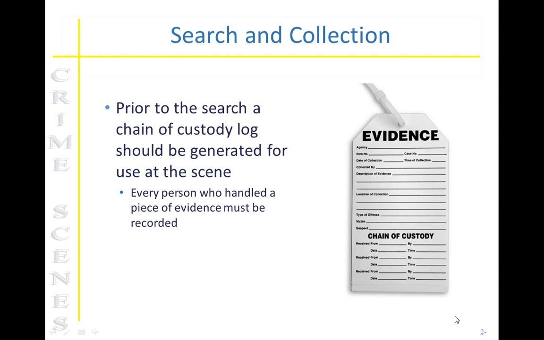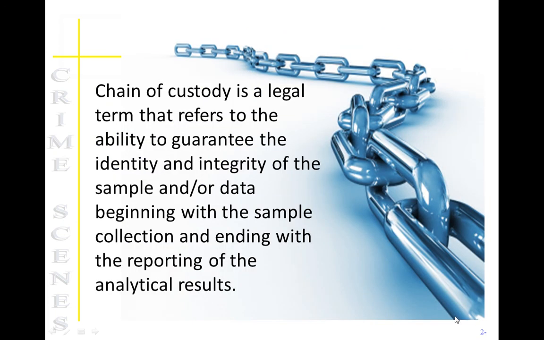This log is the legal term that refers to the ability to guarantee the integrity of that evidence itself. That chain of custody log is going to show who touched that piece of evidence every step along the way, from the beginning of the crime scene all the way through the analysis and when it's presented in court.